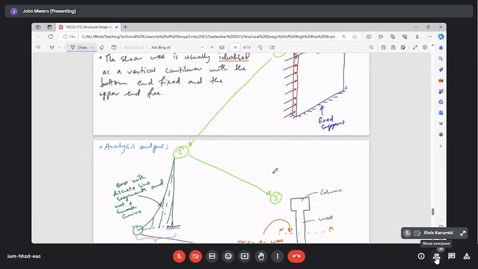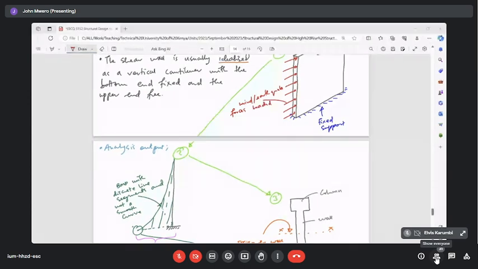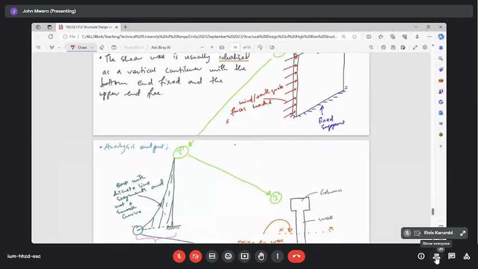We have said also that this can either be wind or earthquake forces loaded at each floor level as point loads on the wall.